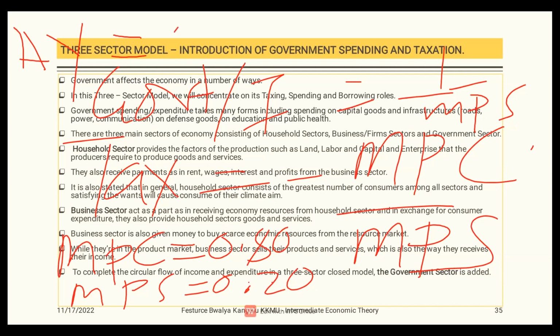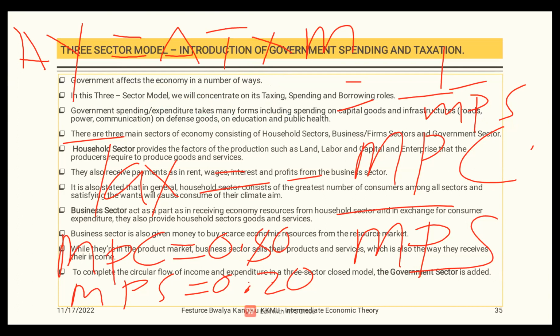Now listen: change in tax times the multiplier, the tax multiplier. That's how you find it. So income will change by change in tax times the multiplier. So we can calculate the tax multiplier first.